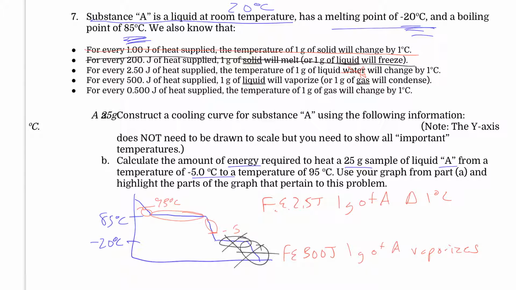So that's the second trend right here. And then the last trend right here is going to be for every 0.5 joules, 1 gram of A gas changes 1 degree Celsius. Okay?